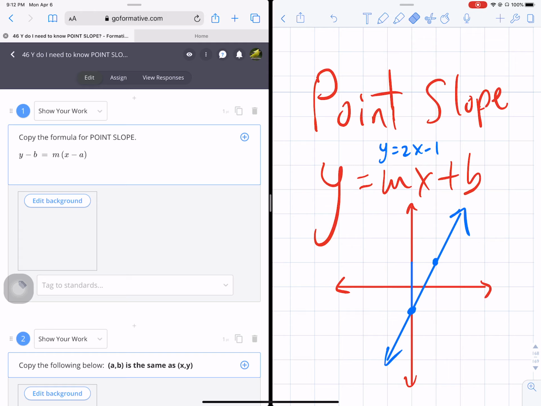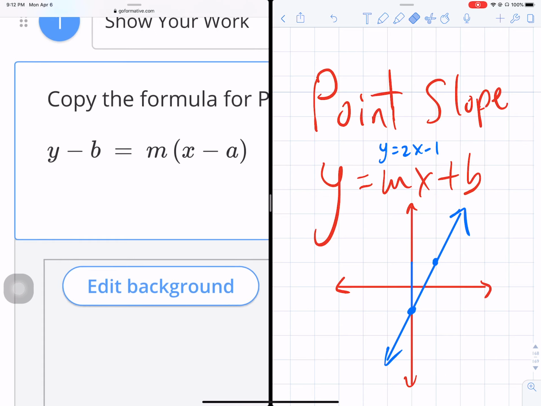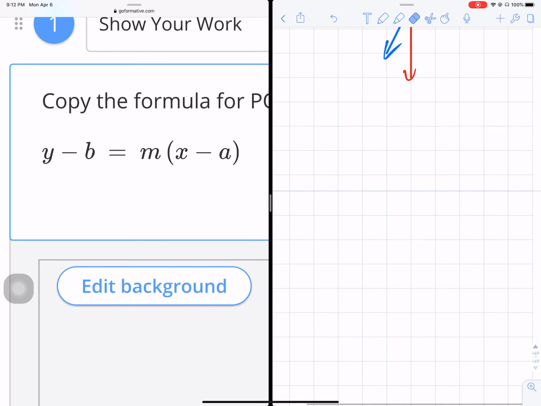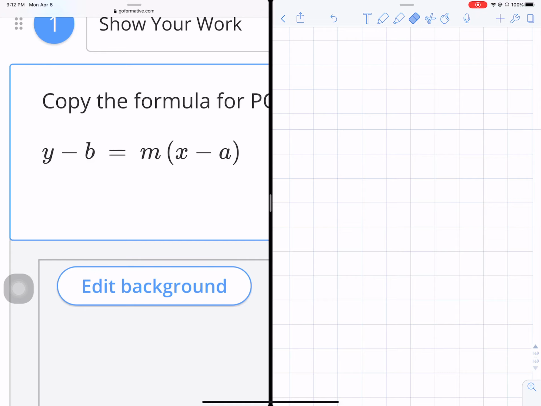The point slope lesson is the same stuff, but they're asking for you to rewrite the equation in a different way. So if you look carefully, there's the point slope formula. I'll put them side by side and let you look at them.